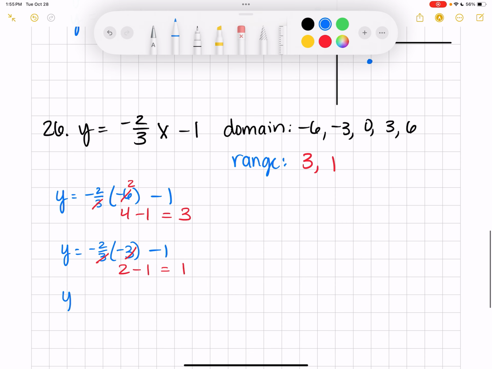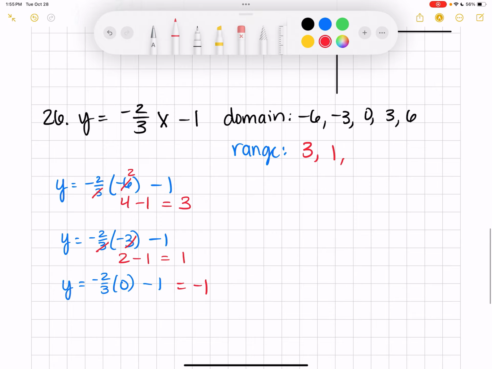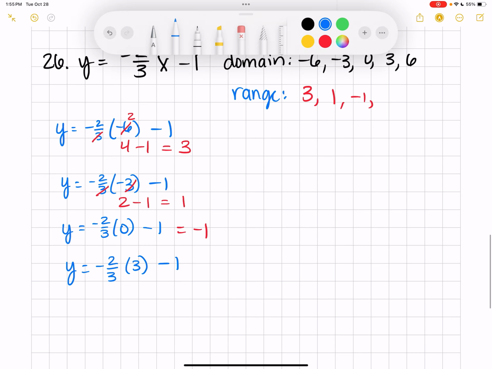So y equals -2/3 times 0 minus 1. What's that equal to? Yep, -1. Plug in 3. y equals -2/3 times 3 minus 1. 3's cancel. I've got -2 minus 1, which is -3.